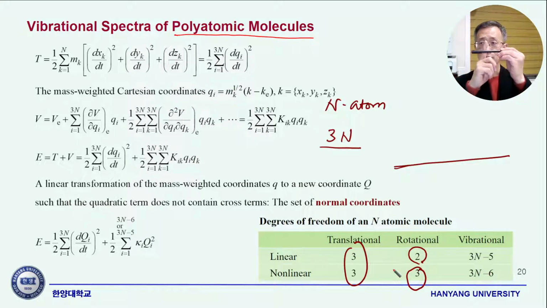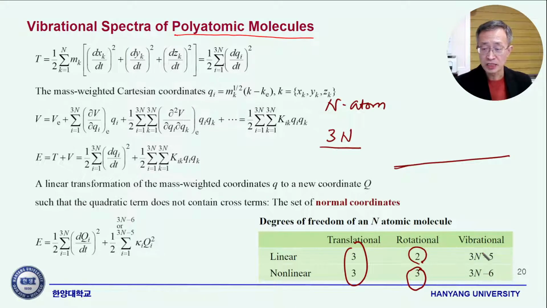Only what is at right angles to the molecular axis, this way and this way. These two rotations count for the torque. So a linear molecule has only 2 rotational degrees of freedom, and a non-linear molecule has 3 rotational degrees of freedom.